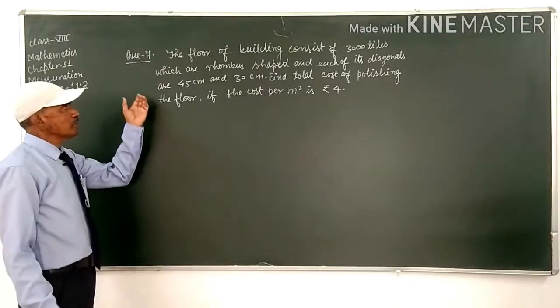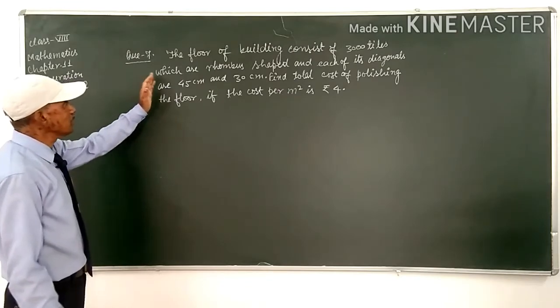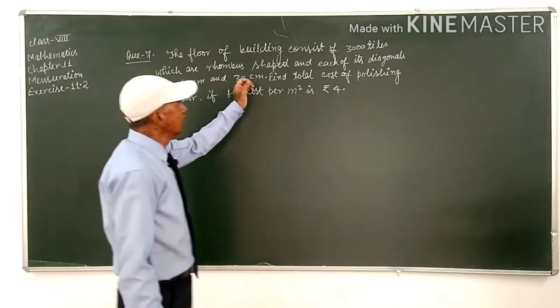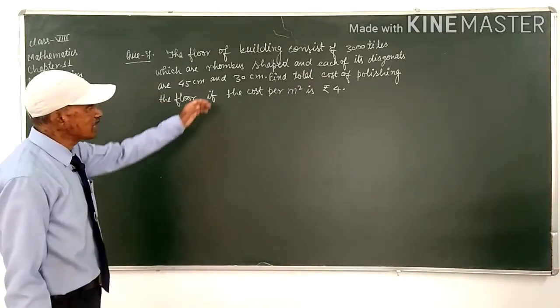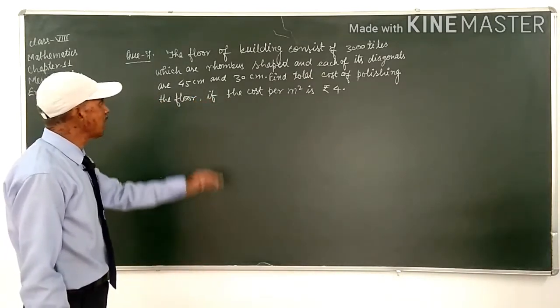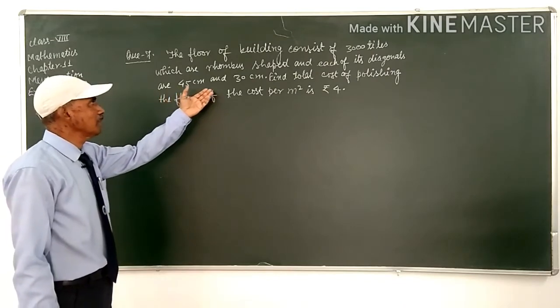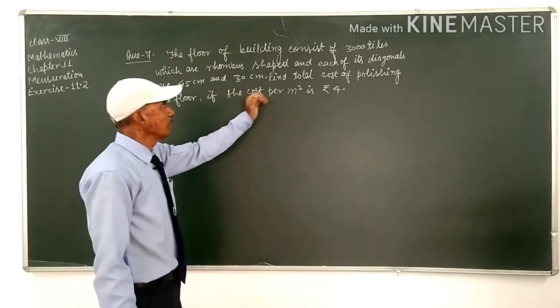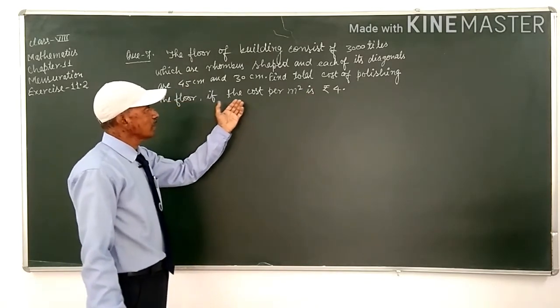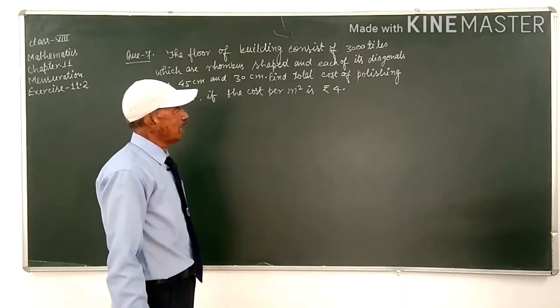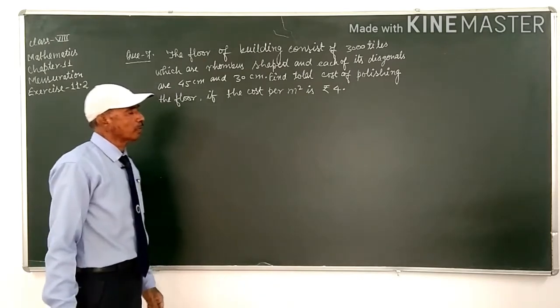So this is question number 7, and in this question the floor of a building consists of 3000 tiles which are rhombus shaped and each of its diagonals are 45 centimeter and 30 centimeter. Find total cost of polishing the floor if the cost per meter square is rupees 4.